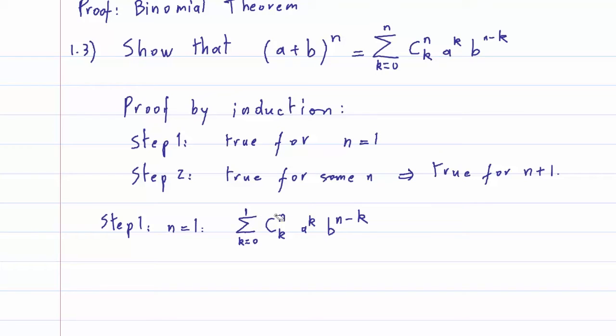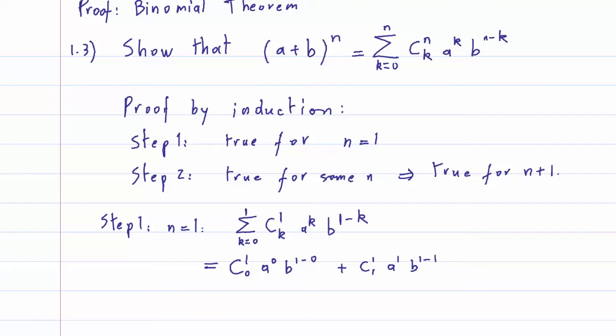Oh, sorry, actually we should replace all the n's here: C(1, k) a^k b^(1-k). So this sum has just two terms, the term for k equals 0 and the term for k equals 1. So we can rewrite that. For k equals 0 we have C(1, 0) a^0 b^(1-0), and for k equals 1 we have C(1, 1) a^1 b^(1-1).